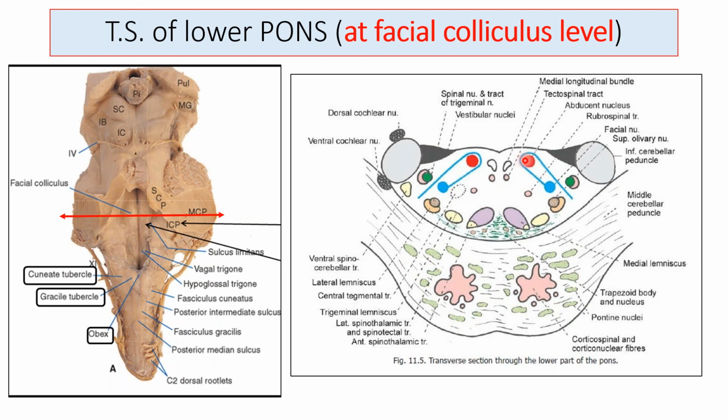But why is it termed facial colliculus? Because the fibers of the facial nerve, from the nucleus of the facial nerve, are overlying this abducent nucleus and then come out from this point, which is the pontomedullary junction.